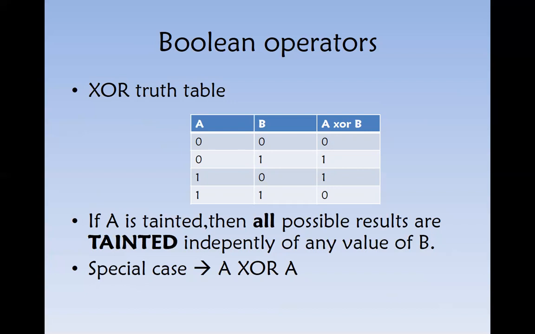The only point is if the output can be controlled. So if A is tainted, then all possible results are also tainted, independent of any value of B. Because XOR is a symmetric Boolean operator, the same rule applies even if you're considering B instead of A.